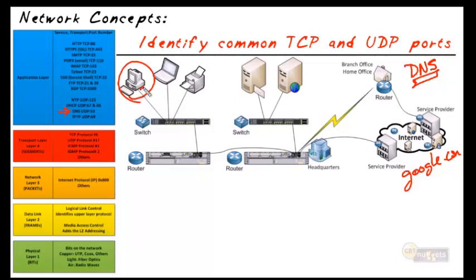So if I need to know what the IP address is of google.com, I make a request out to the DNS server who's listening on port 53, and then the server gives me a reply back saying what the IP address is.